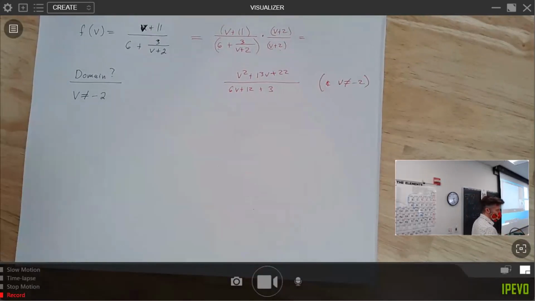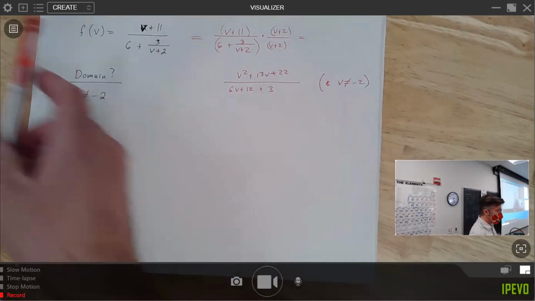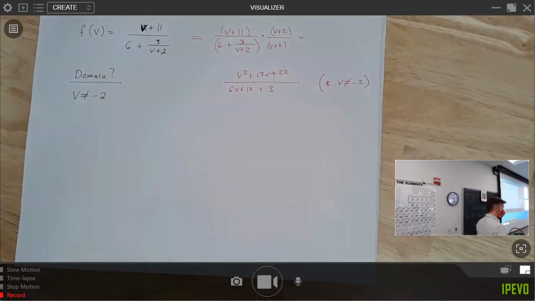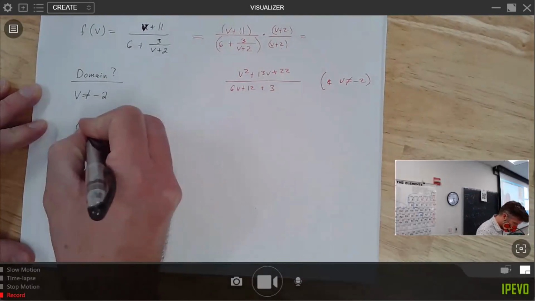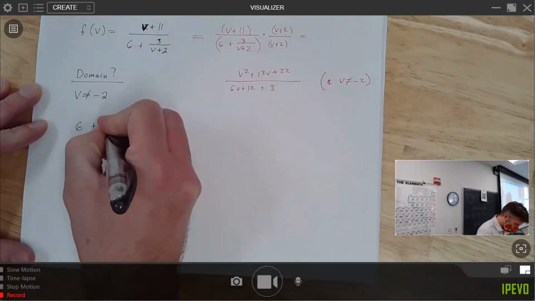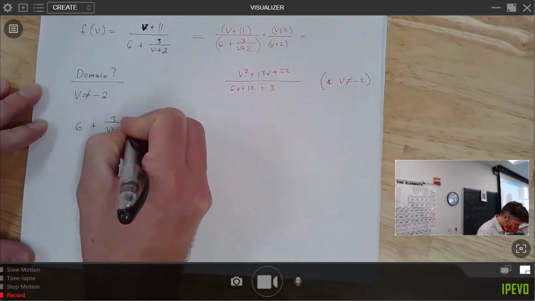That's not really a concern here because we're not really concerned about simplifying it, but just so you know, when you modify a function, if you're asking about the domain, you should always look at the original expression to see what you're really not allowed to have.